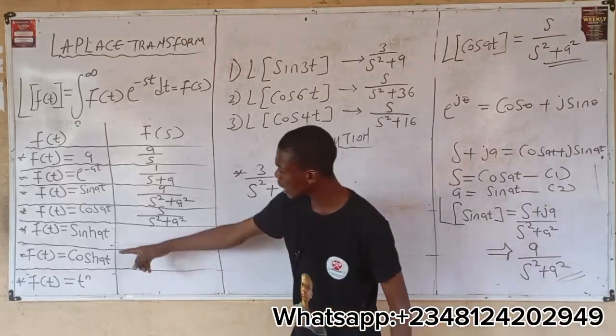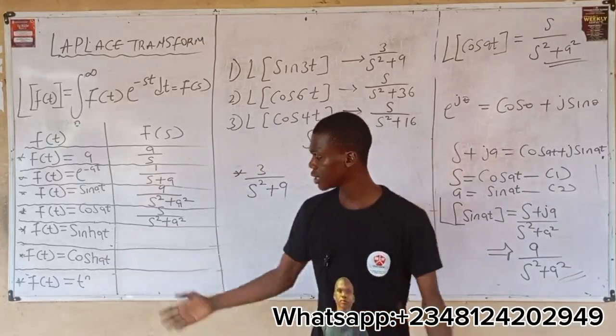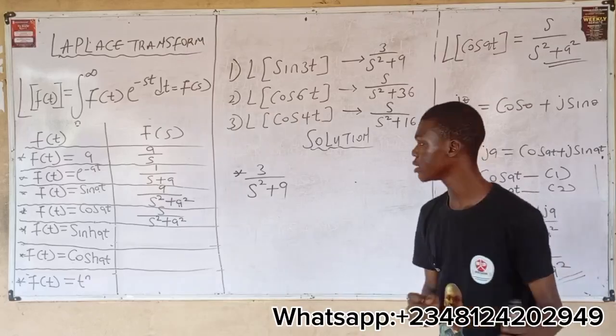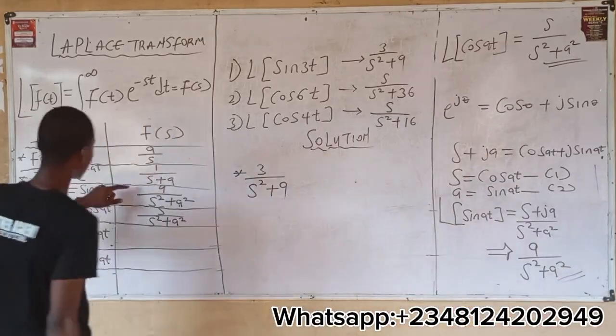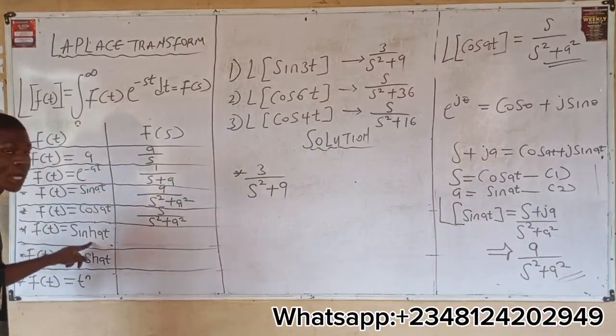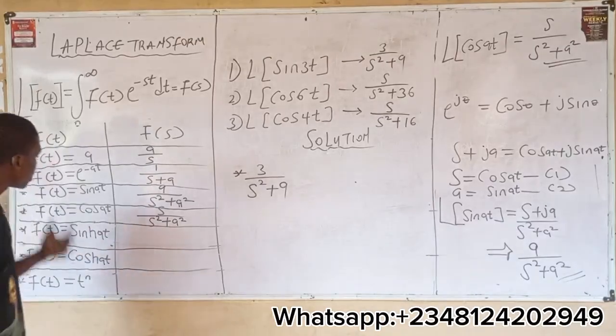So next up, let's transform sinh at, cosh at, then t raised to the power of n. But before transforming, let me say this. Your sin at and your sine at, they are similar, meaning the Laplace transforms are the same.